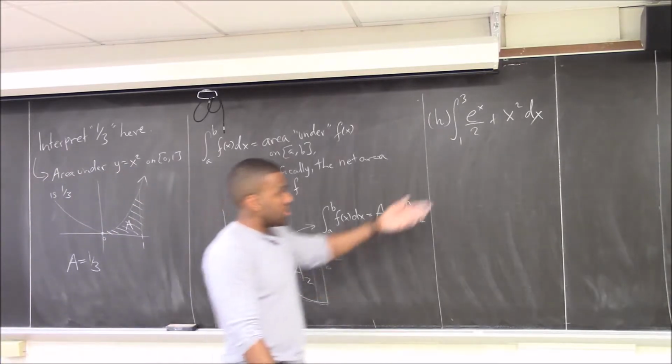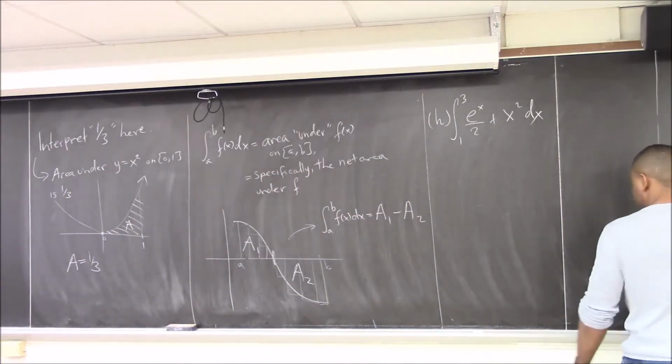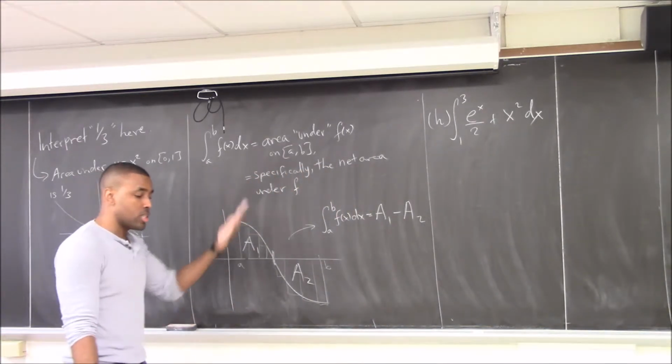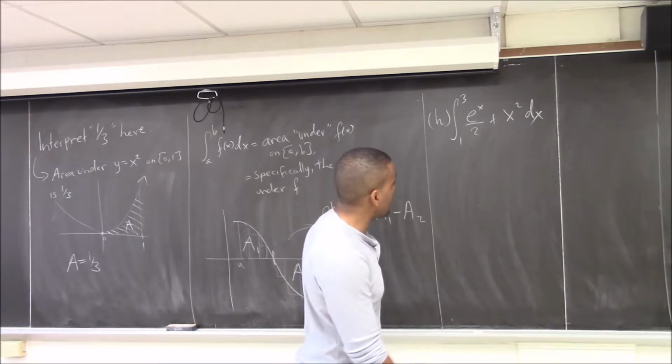That function is more complicated than I'm willing to draw, but we don't even care what it looks like. We can use this computation to figure out the area under that curve.